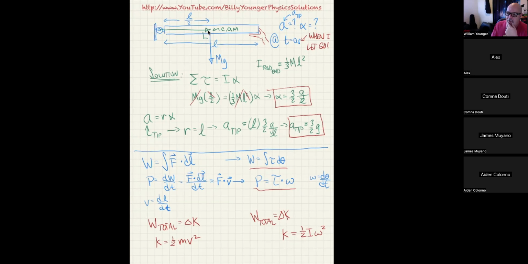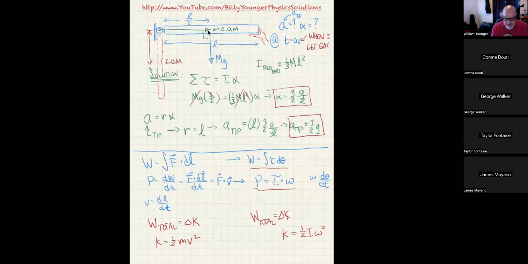And how far below the axis of rotation would the center of mass be? So I'm imagining in this case, the rod is down like this. And what I'm asking is, how far down is the center of mass?